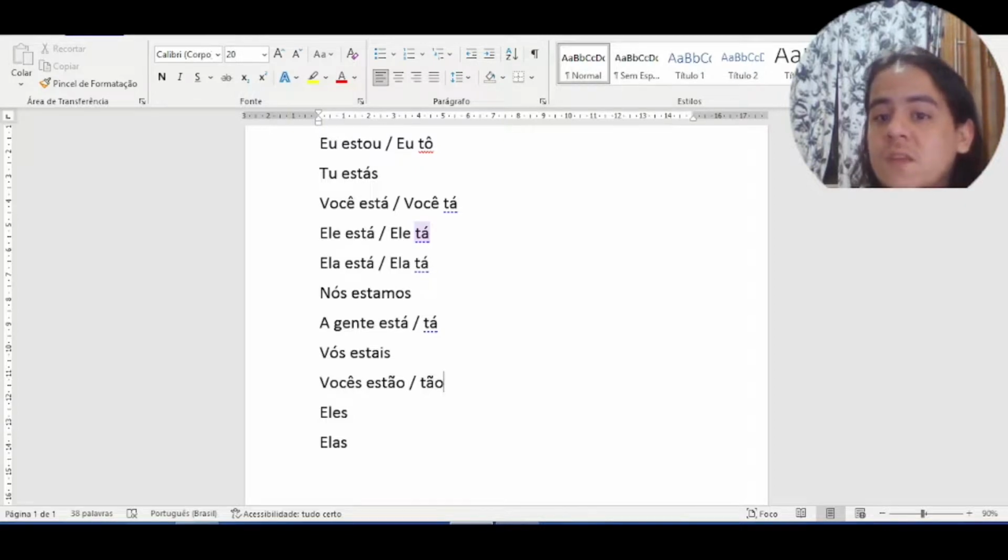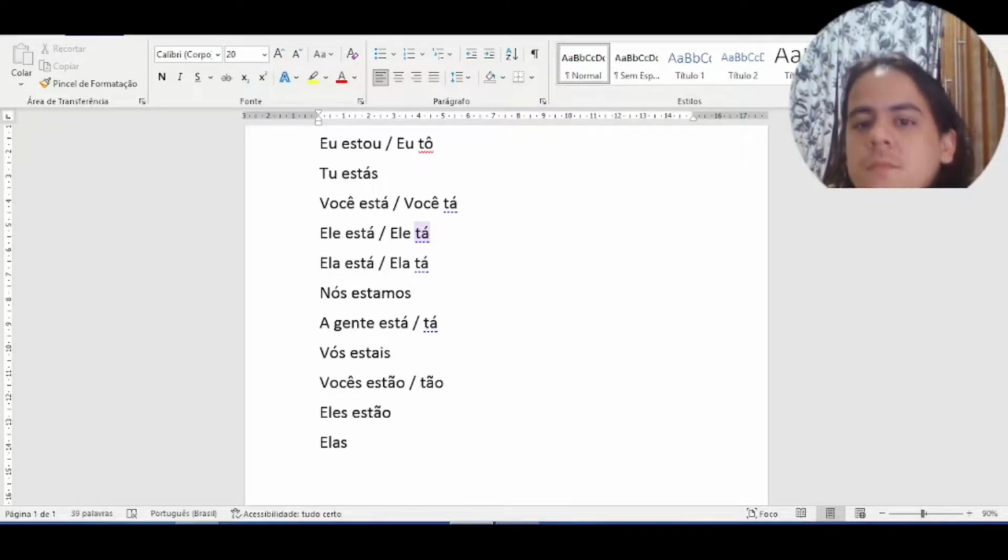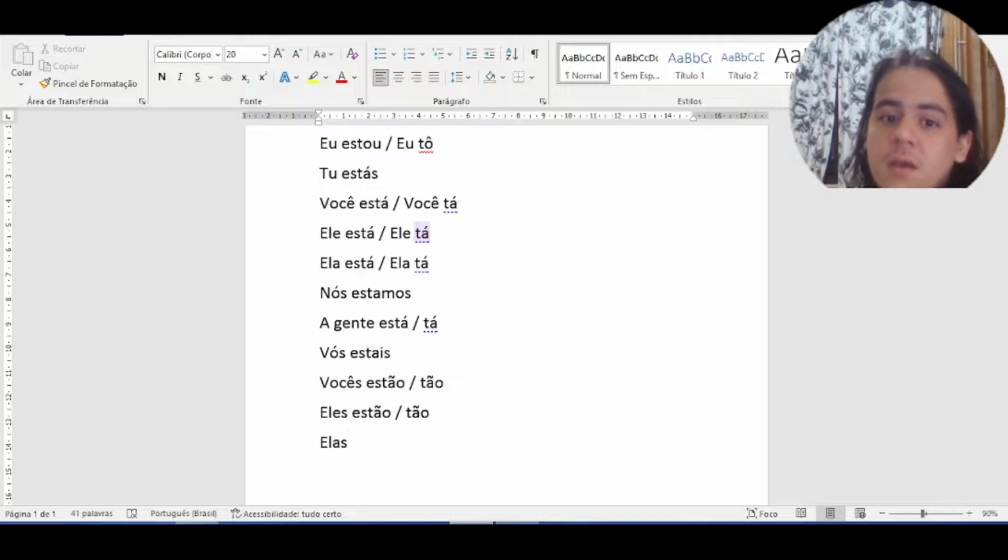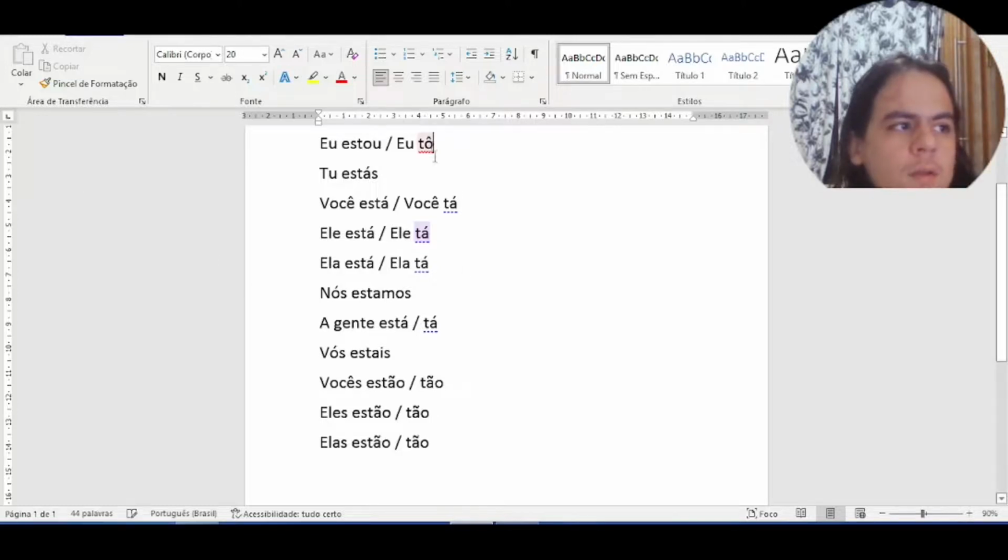Como vocês estão? Or como vocês tão? Eles estão. They are. Or eles tão. It's more common. Same thing, elas estão, or elas tão.